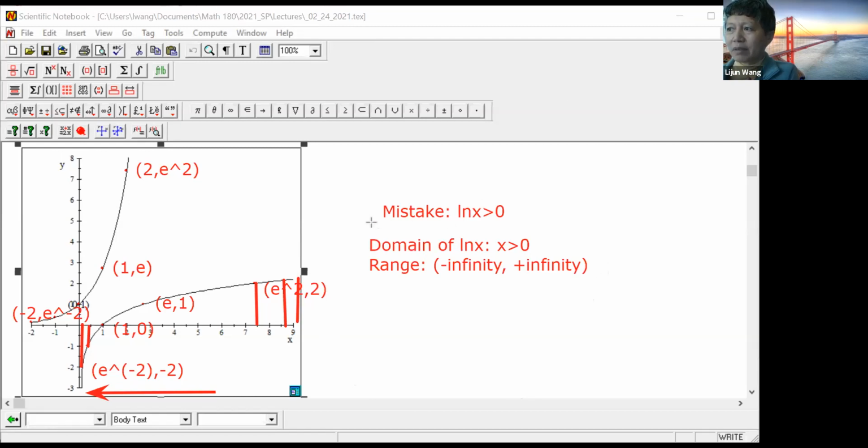And we should never make this kind of mistake. Terrible mistake. Okay? So that's why I said, some of you said, oh, we've never done this before. Absolutely. A lot of you have never done this graphing before. Do you agree with me? But it's okay. It's not too late.